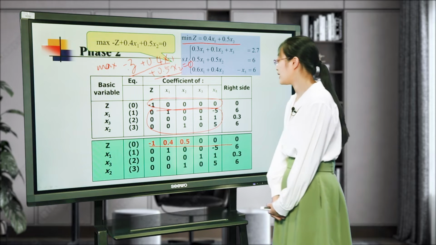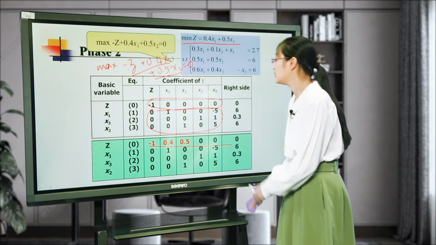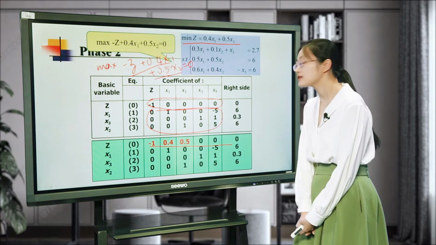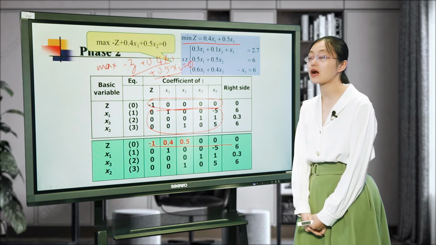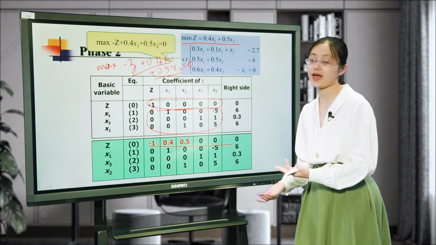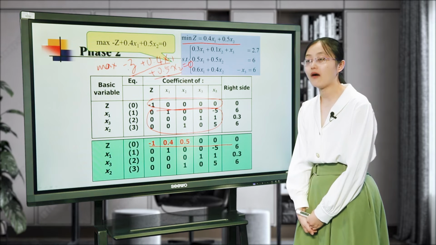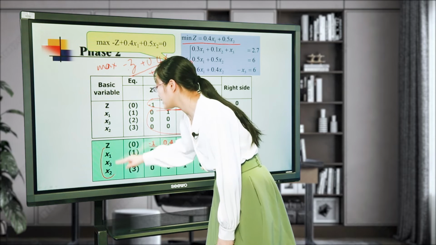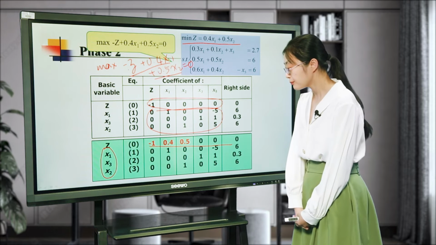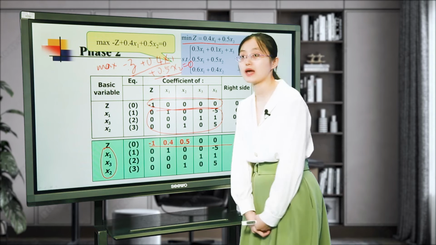So to start the simplex method, we recall that even though this table looks like all the coefficients in equation 0 are non-negative, it seems it passed the optimality test. However, remember that we now have these basic variables x1, x2, x3.